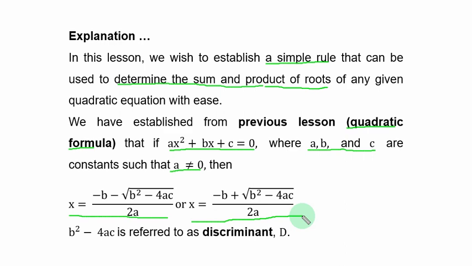So we have these two roots. B squared minus 4ac is referred to as the discriminant, denoted by D. So with this explanation, let us derive the simple rule for finding the sum and product of roots.